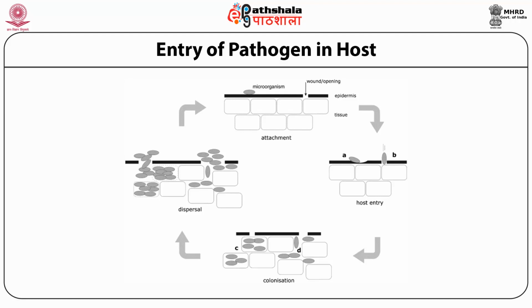Subsequently, pathogenic microorganisms colonize the host tissues. This colonization occurs either intracellularly, intercellularly or extracellularly. In the next stage, progeny of the pathogen is released and dispersed, after which new infection can take place.